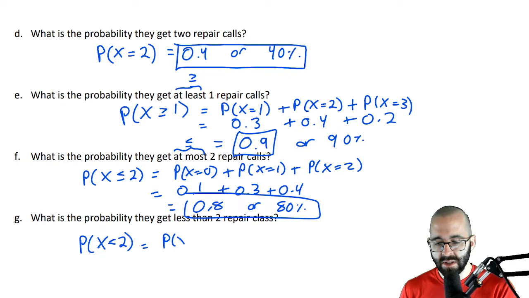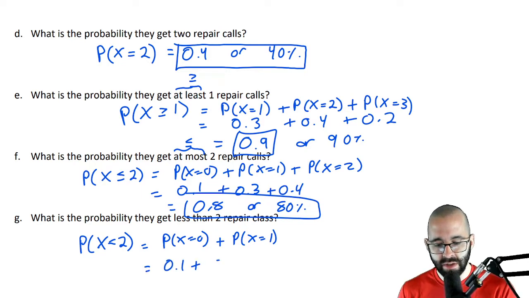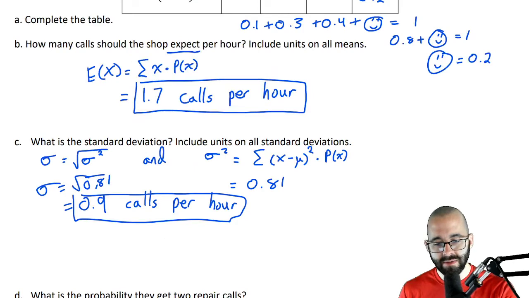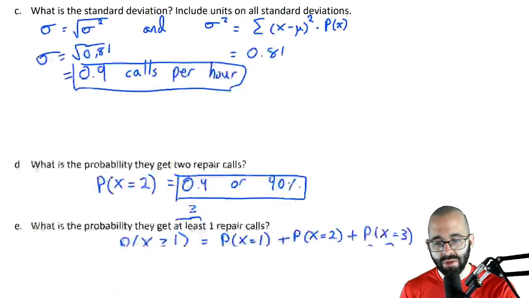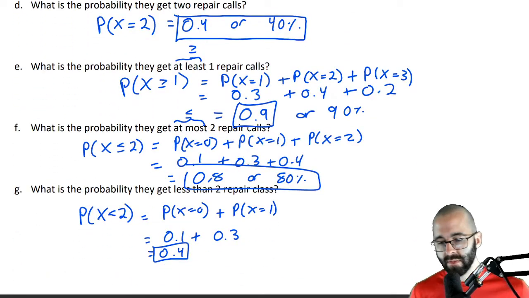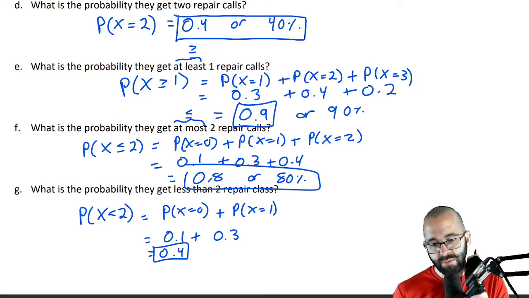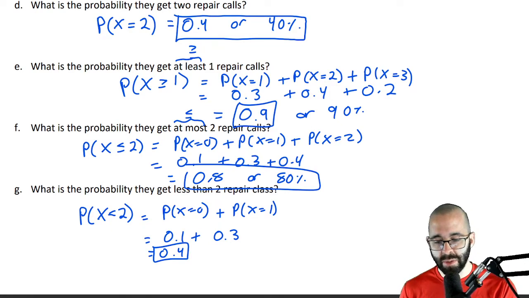This one over here is just probability x equals 0 plus the probability x equals 1. 2 is not included here. It's strictly less than 2. 0.1 plus 0.3 equals 0.4. Unless I copied any of these numbers down wrong. 0.1, 0.3, 0.4, 0.2. This should be what we have. Or 40%.